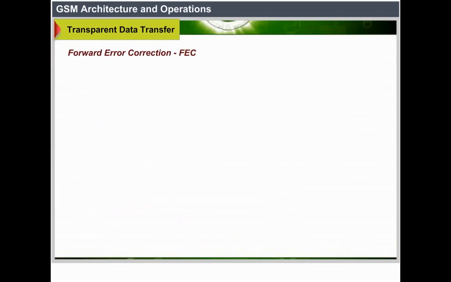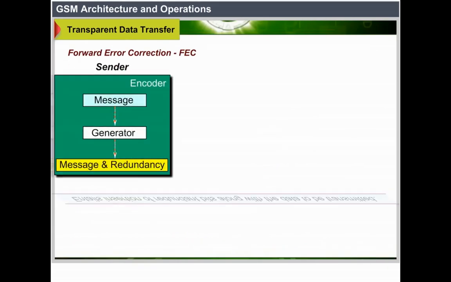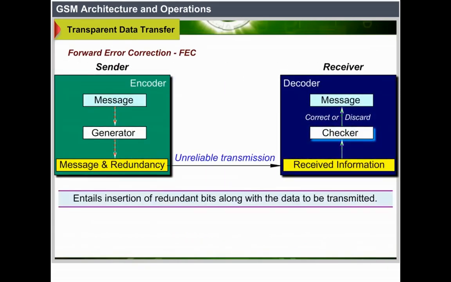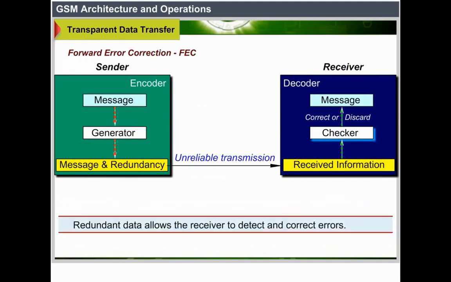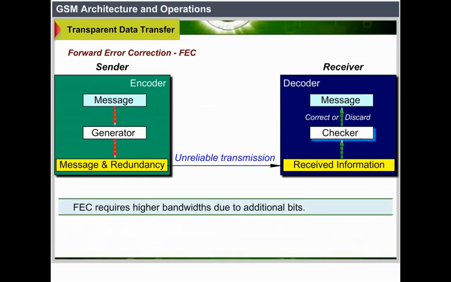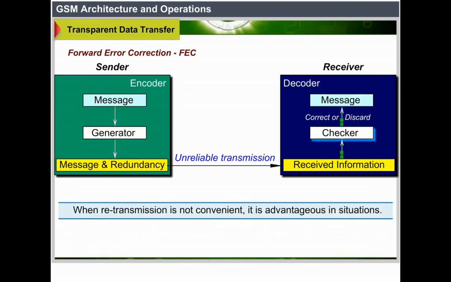Forward error correction, FEC, entails insertion of redundant bits along with the data to be transmitted. Redundant data allows the receiver to detect and correct errors. FEC requires higher bandwidth due to additional bits, and is advantageous in situations where retransmission is not convenient.